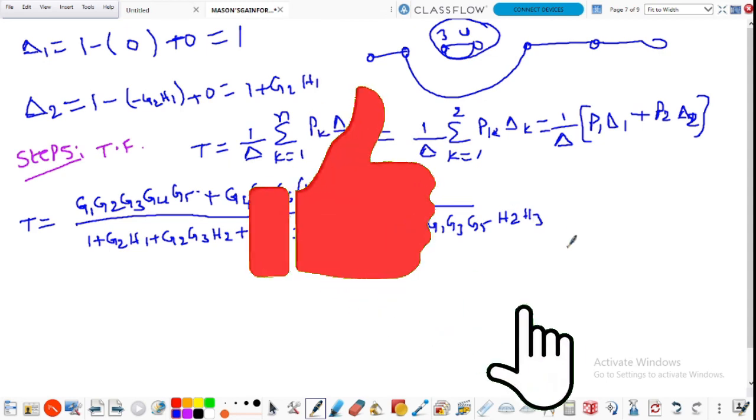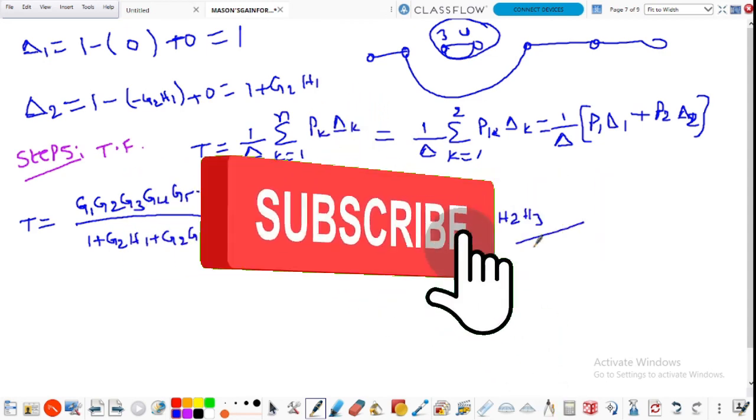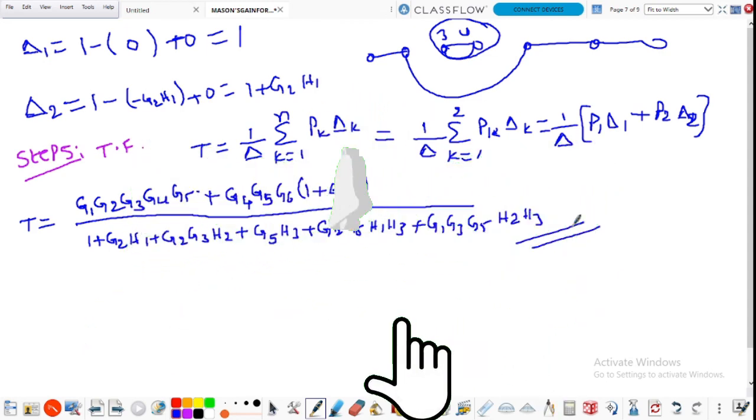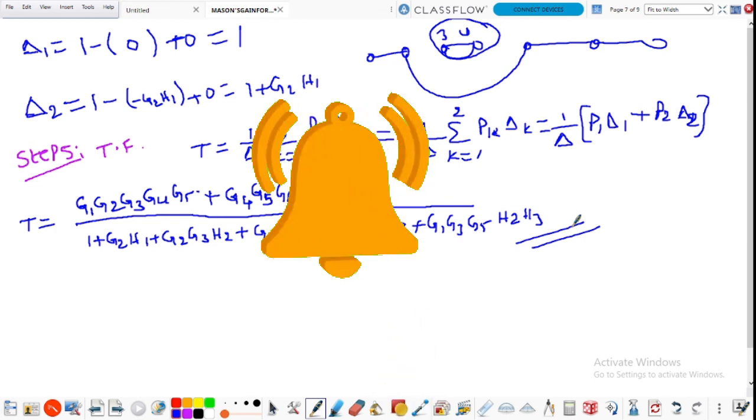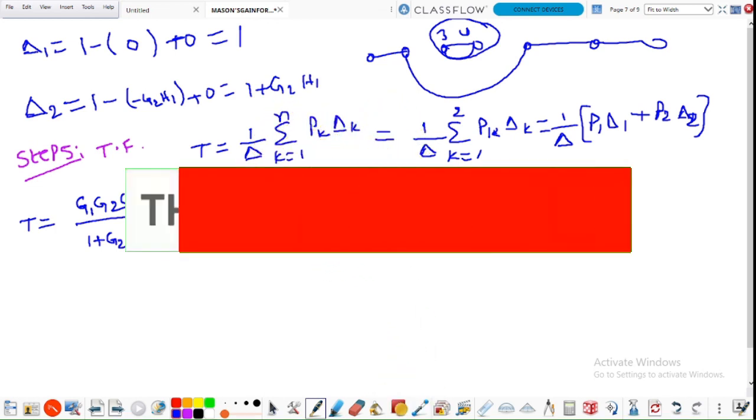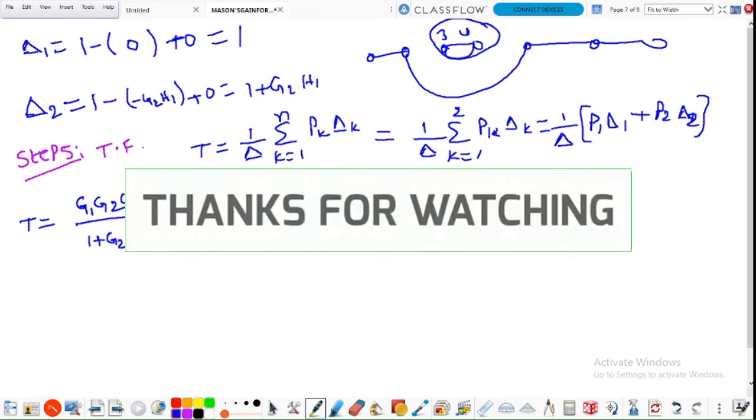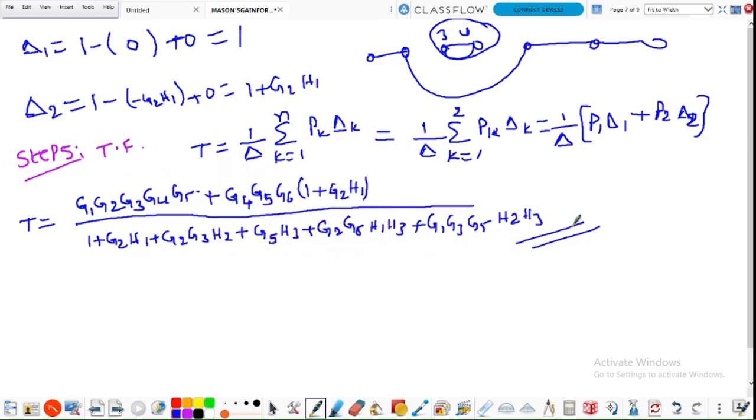So this is the overall transfer function, or the total transfer function, of the given signal flow graph. This is the procedure by which we can determine the transfer function from the given signal flow graph using Mason's gain formula.